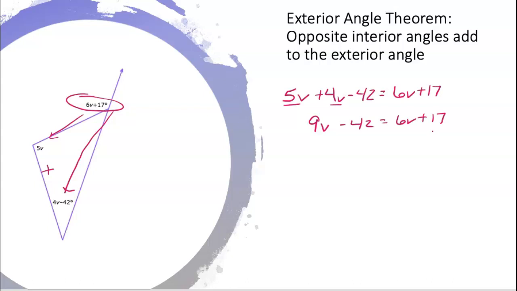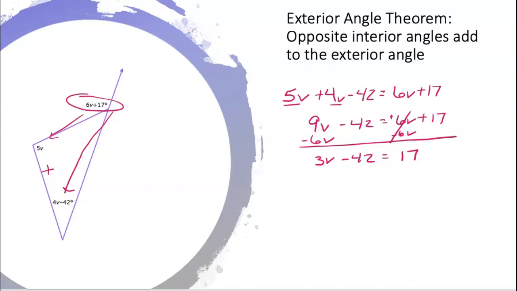I want my variables together first. I'm going to take the 6v and move it over. It's a positive 6v, so I'm going to subtract it. What I do to one side, I do to the other, right underneath the other v. 9v minus 6v, yep, 3v. Drop the 42, minus 42 equals, the 6's have canceled, and the positive 17 drops. So now I have 3v minus 42 equals 17.